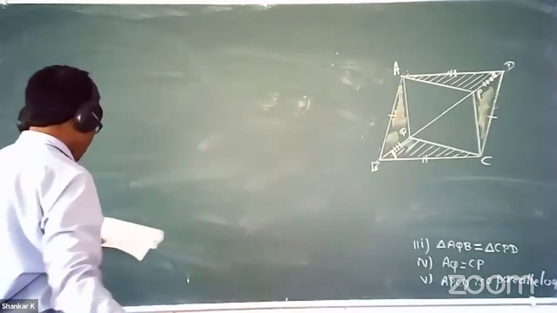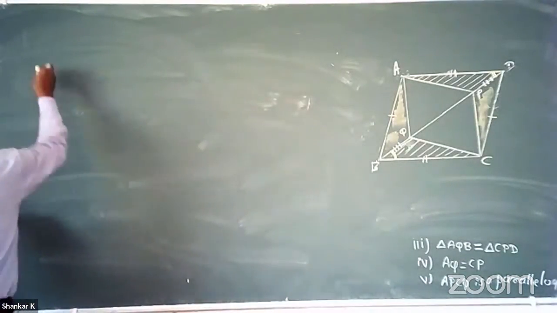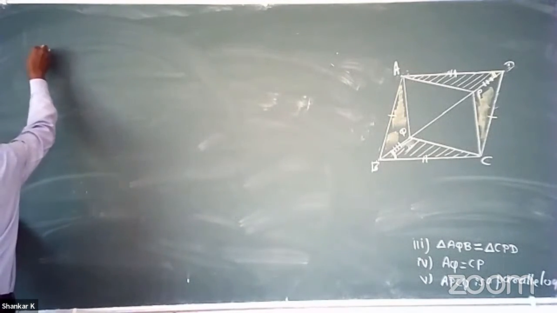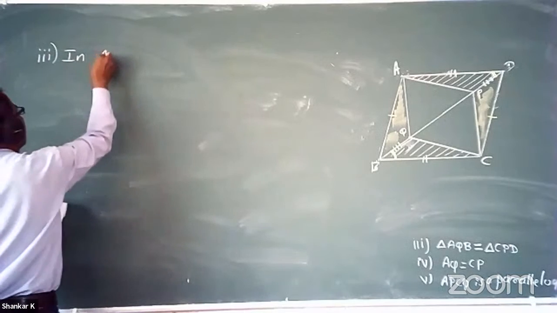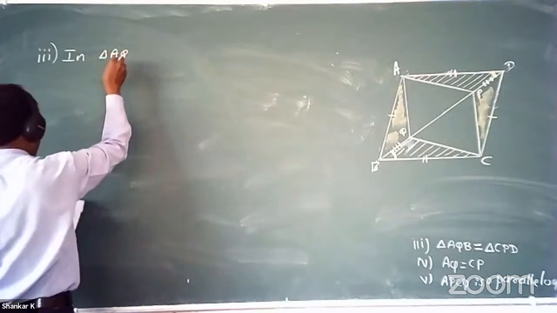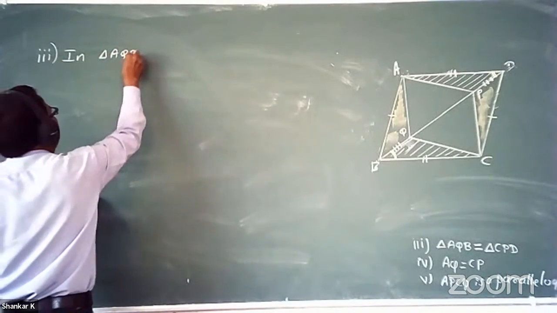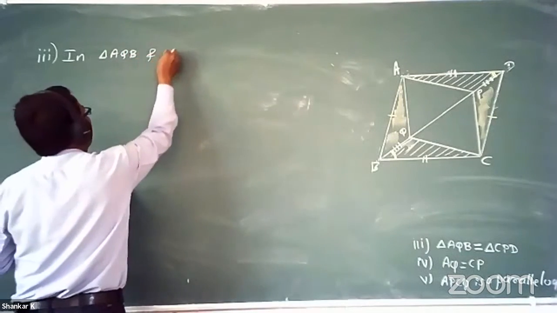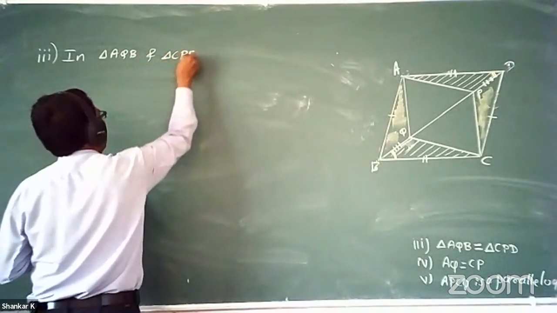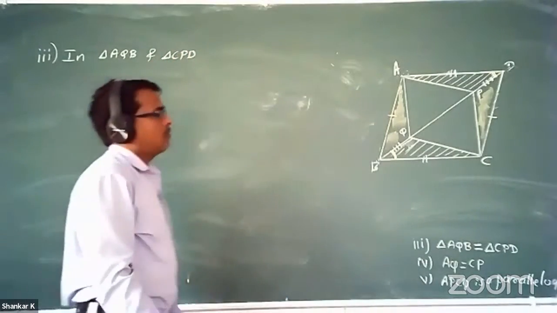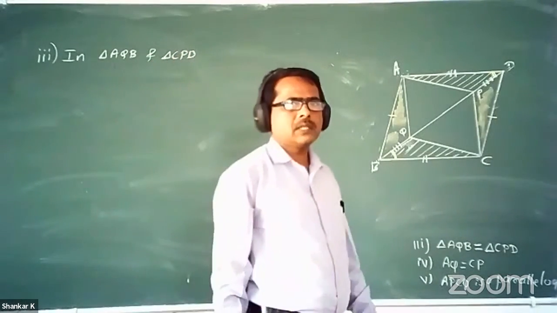So in those two triangles, you should write the third point, in triangle AQB and triangle CPD. Which are equal parts?